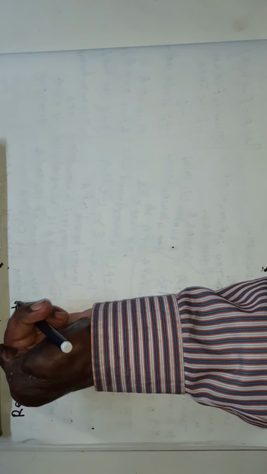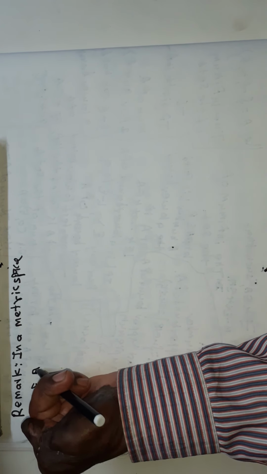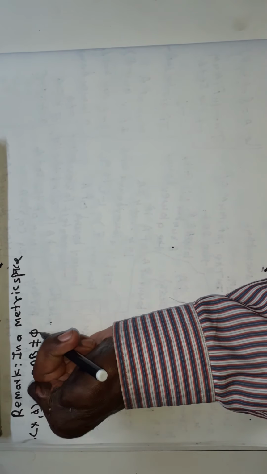Here is a remark: in a metric space (X, d), if A intersection B is not equal to the null set, then the distance between the sets A and B is equal to 0.